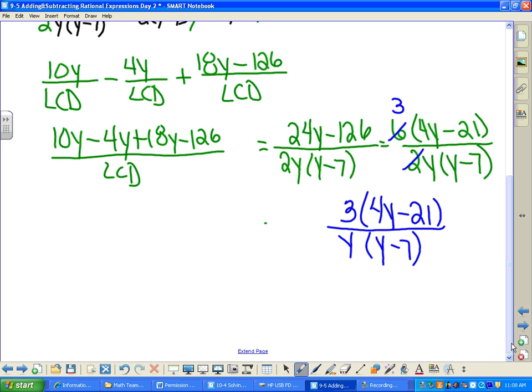Zach? Negative 3 times the quantity 2y plus 1, or if you had negative 6y minus 3 on top, that's fine. And then it's all over 2y minus 1.